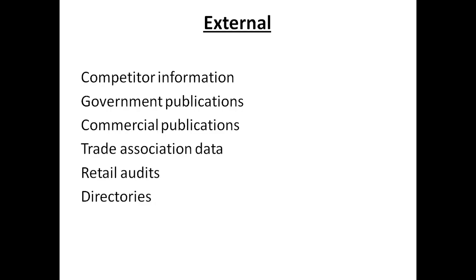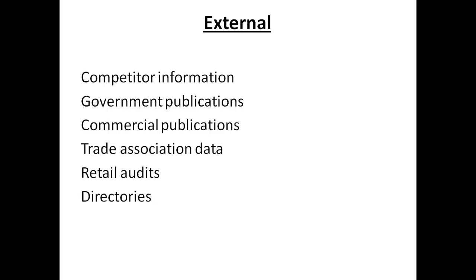Trade association data. Here, similar kinds of businesses get together and form an association, and they also maintain data about their organizations or industries. From here also you can collect the information.